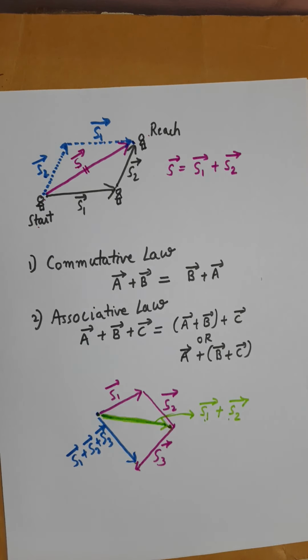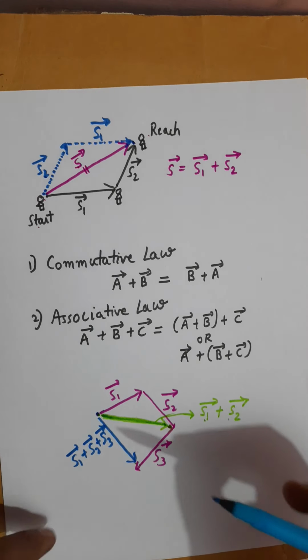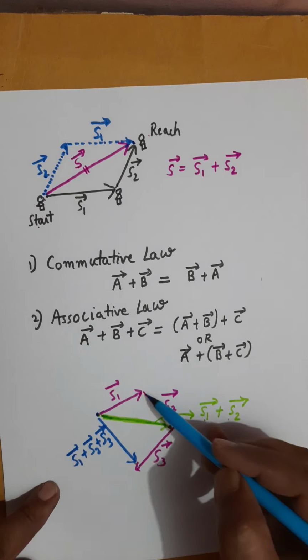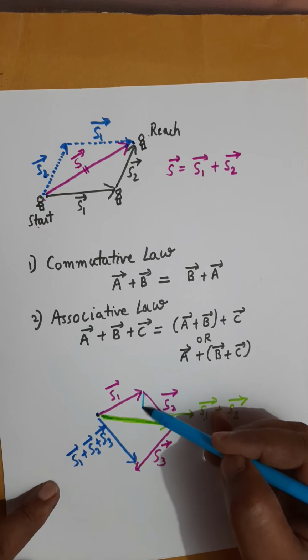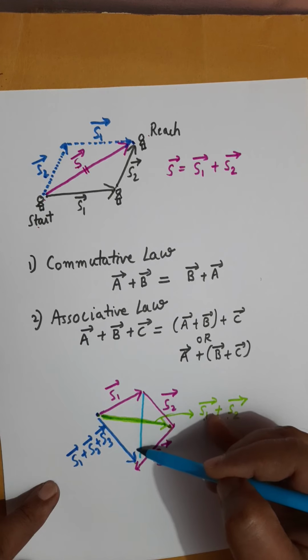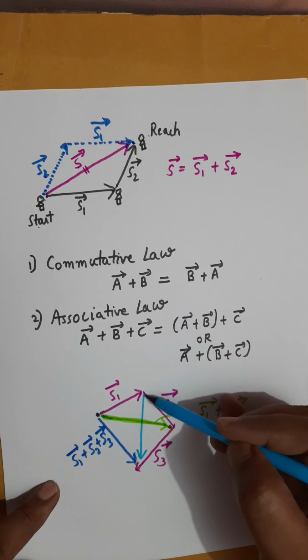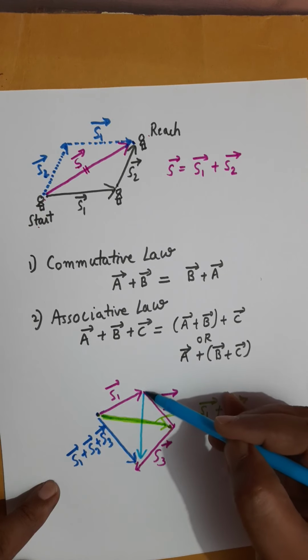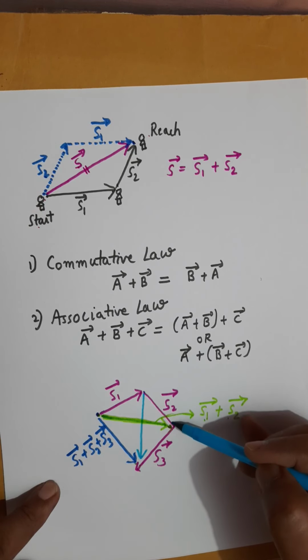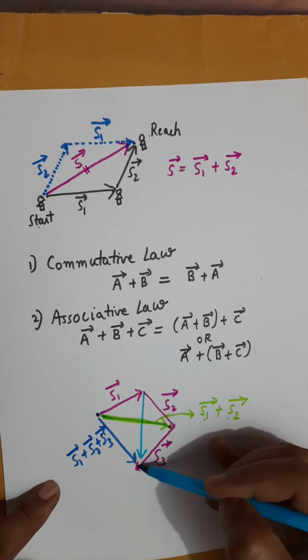In the other way, this S2 plus S3. So if I join this vector, this vector has a result same as moving along S2 then moving along S3.